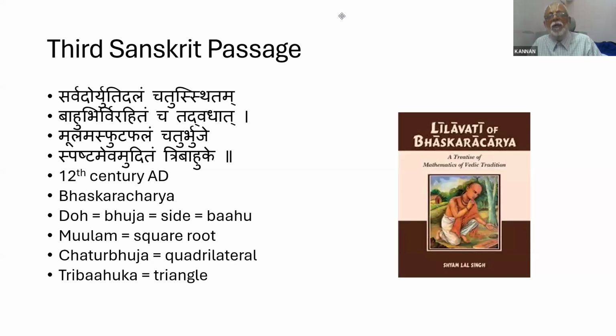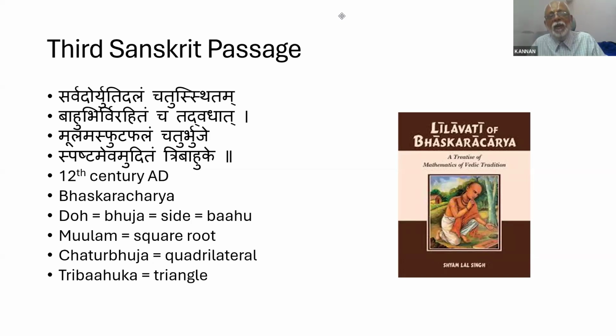Bahubhihi, by the sides. Virahitam, diminished by the sides. Then we get four quantities. Tadvadhati, take the product. Then moolam, instead of padam. All others were using the word padam. Bhaskaracharya uses the word moolam for varga moolam, square root.